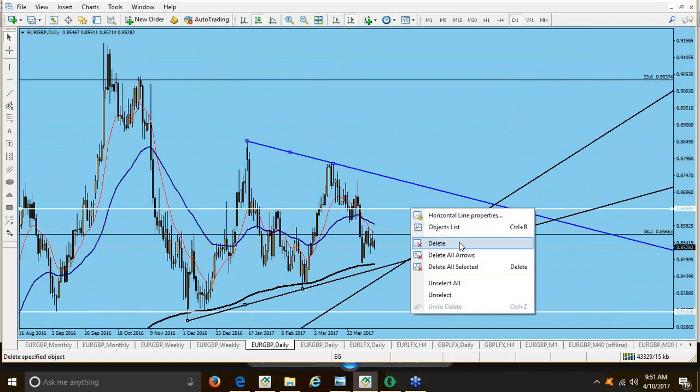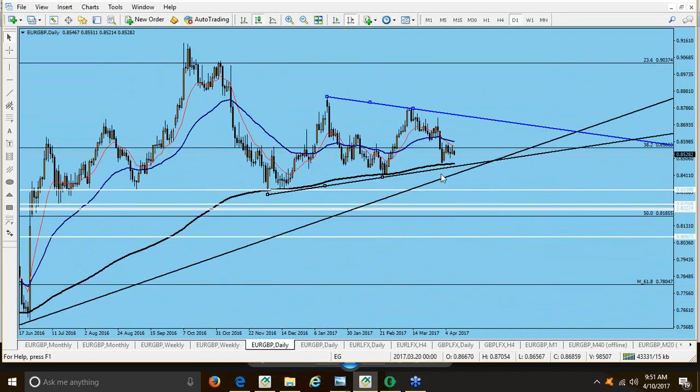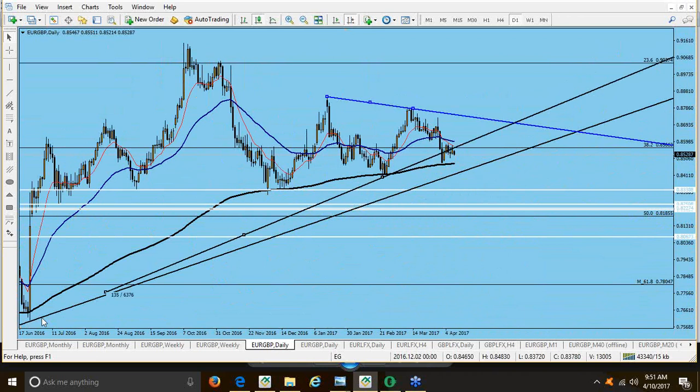Okay, this is the area, this TL here, this TL here, and if you take this point and this point, we are poking into it. So these are the two TLs here. With the euro index getting strong, we need to have an up move here. Okay, this is a daily.